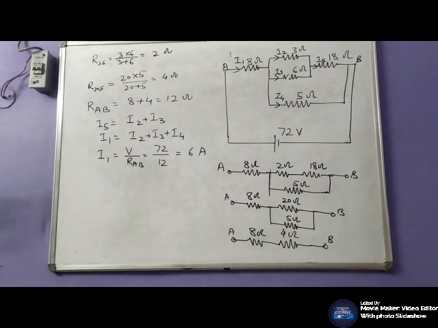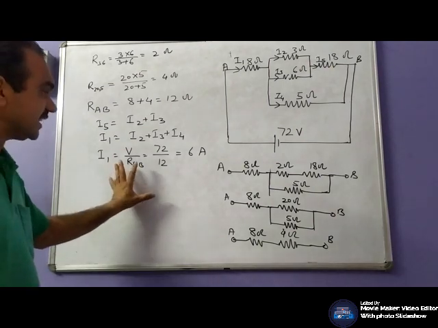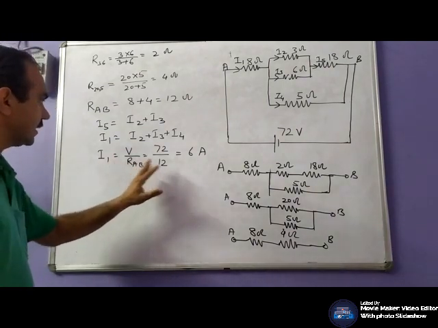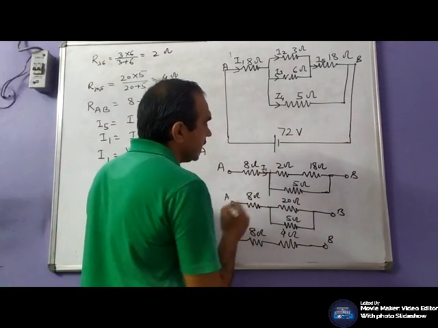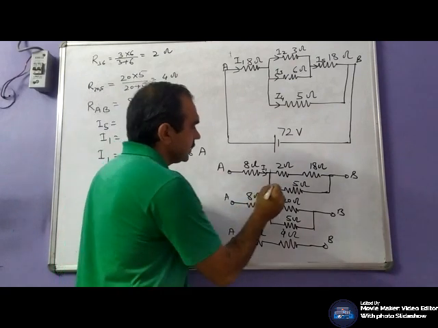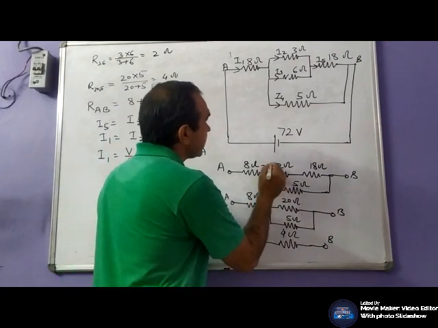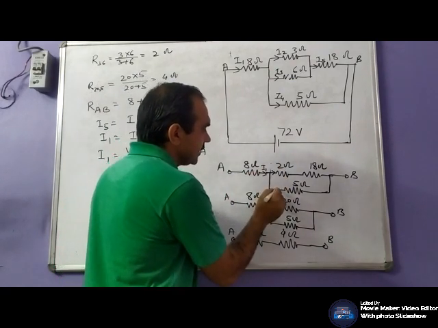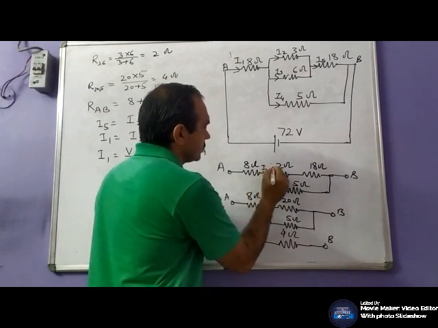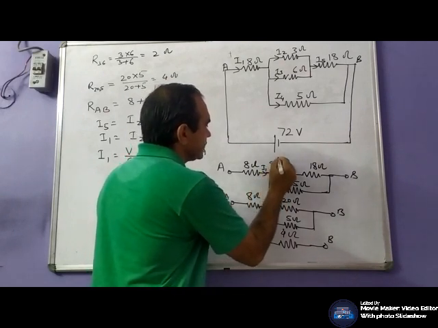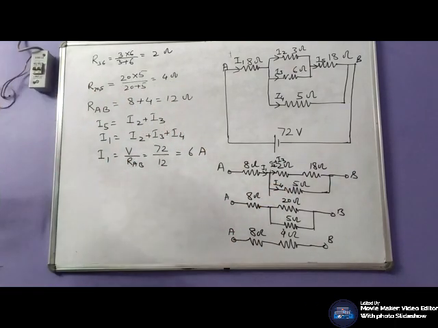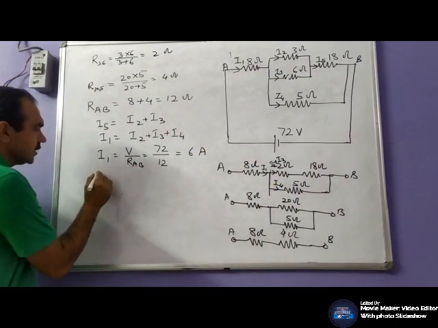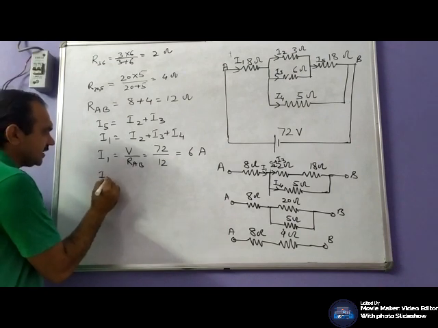Right? Now this 6 ampere current is being divided between this I2 plus I3 and this I4. So what would be I2 plus I3?